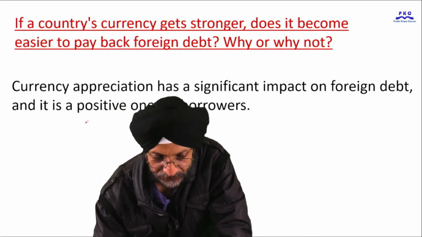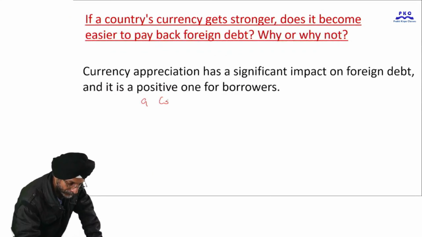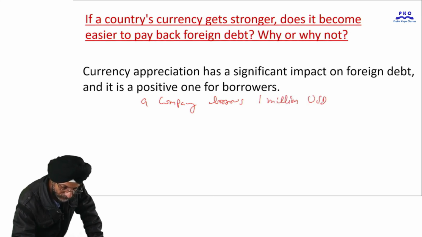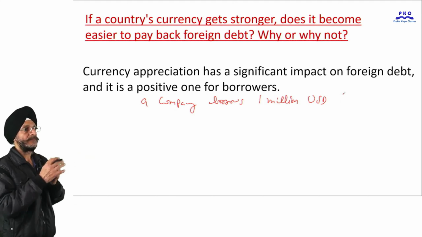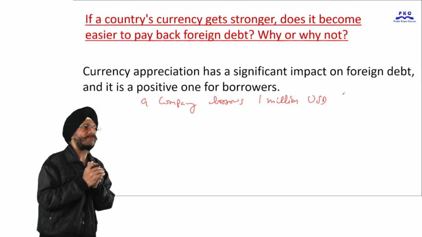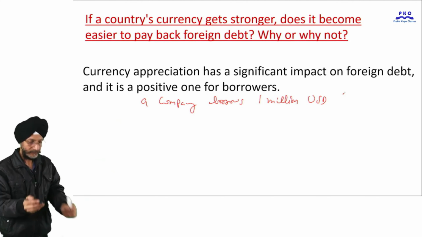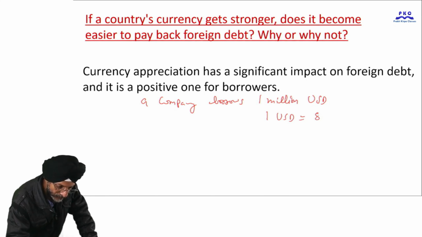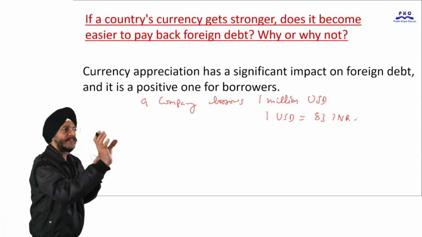Suppose a company borrows 1 million US dollars for purchasing certain equipment. Suppose the value of 1 US dollar is equal to 83 Indian rupees. INR is the currency of India.